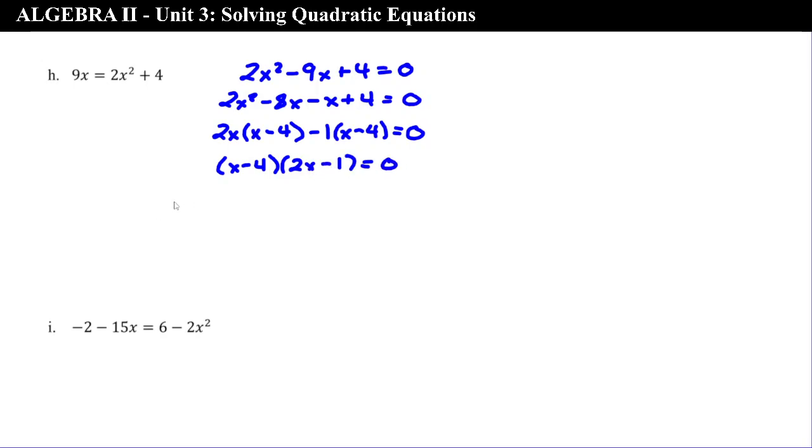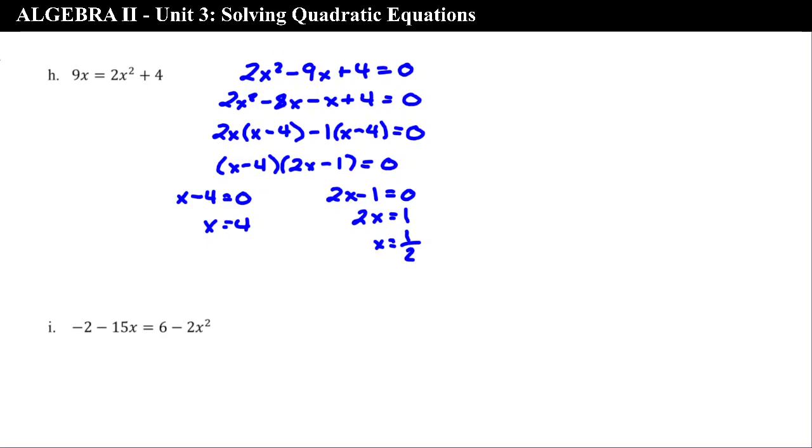We split it up, and so you get x minus 4 equals 0, and 2x minus 1 equals 0. So x equals either 4, or we have to do a little work for this one. 2x equals 1, so x equals 1/2. So 1/2 and 4 are both solutions that will make that statement true.